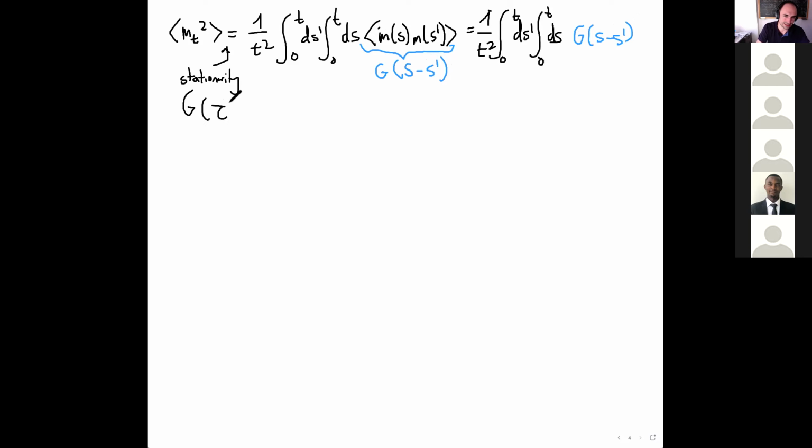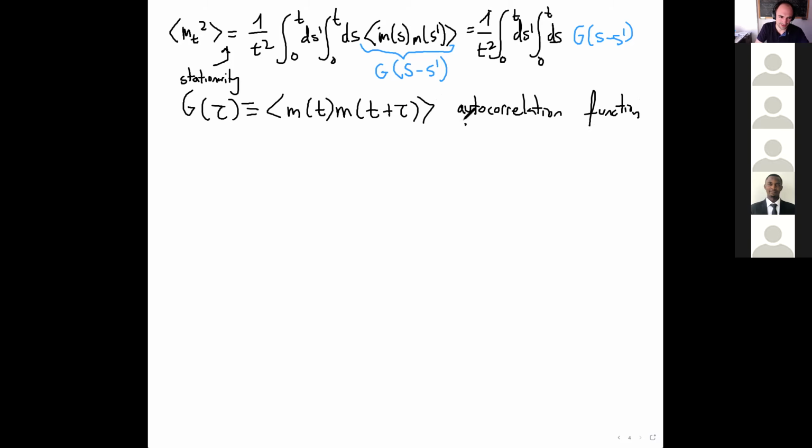G of tau is defined as mt times m of t plus tau. Okay, this is usually called, as I told you, the autocorrelation function. Remember, we are in steady state, so this obeys g of tau equals g of minus tau.